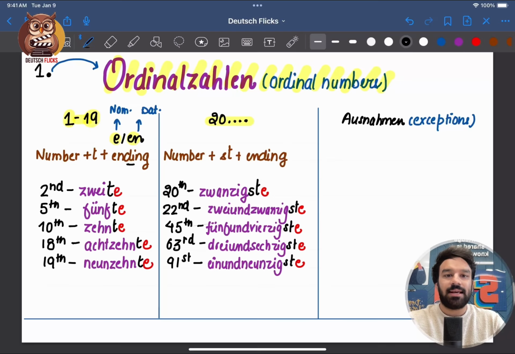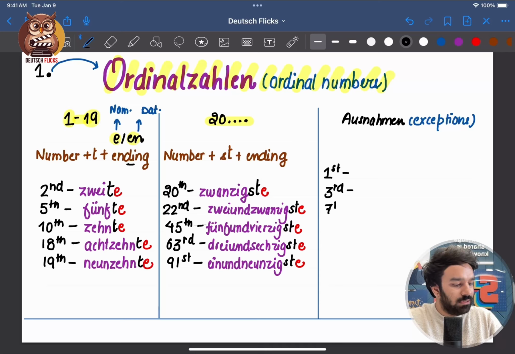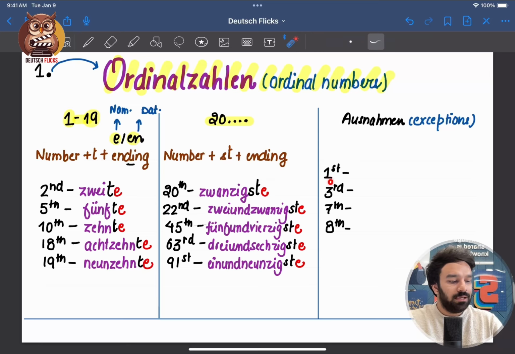Now let's discuss the exceptions. There are only 4 ordinal numbers, for example, first, third, 7th, and 8th. Now what is the exception here? Ideally, for first I'll take eins. Since the number is below 20, I will end it with t and then at the end e. Eins-te. Or maybe if the ending is en, then einsten.